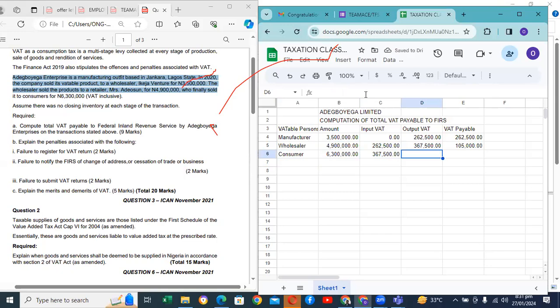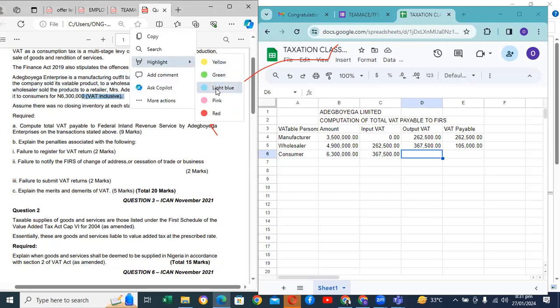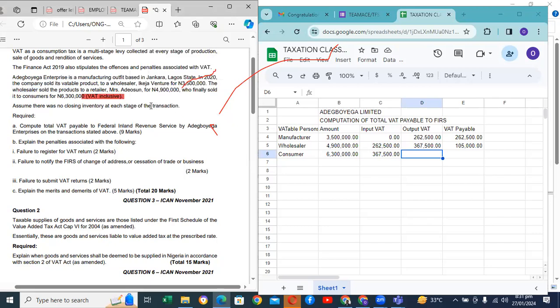Now, the examiner told us something here. He said it is VAT inclusive. Are you with me? Yes, sir. So when the examiner says it is VAT inclusive, what you need to do is this: 7.5 divided by 100 plus 7.5.